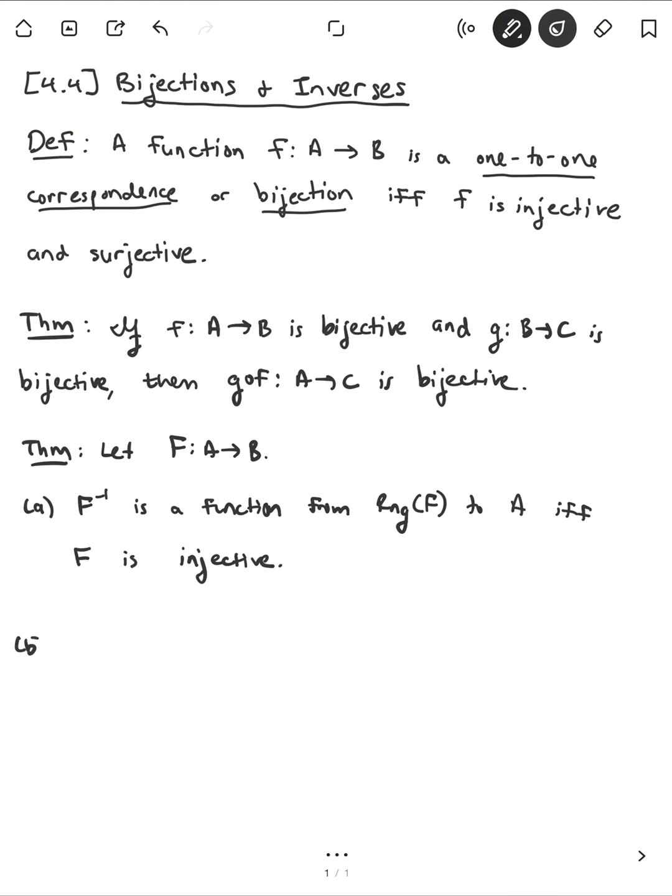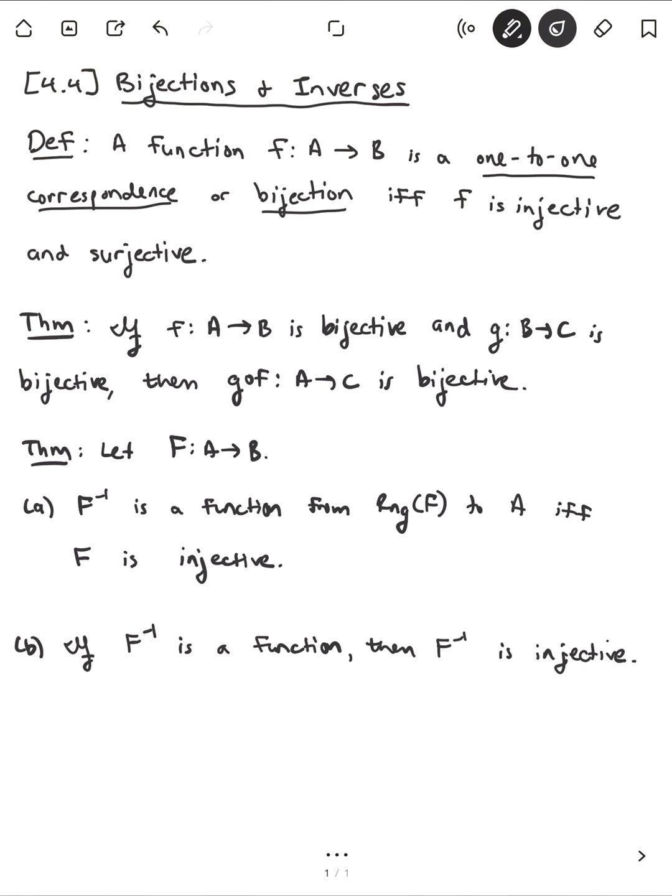And part B of this theorem says if f inverse is a function, then f inverse is injective. Okay, so this tells us that basically in order to guarantee that the inverse of a function is a function, we just need the original function to be injective or one-to-one.